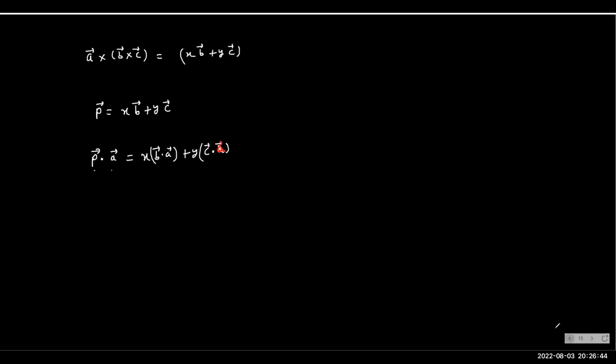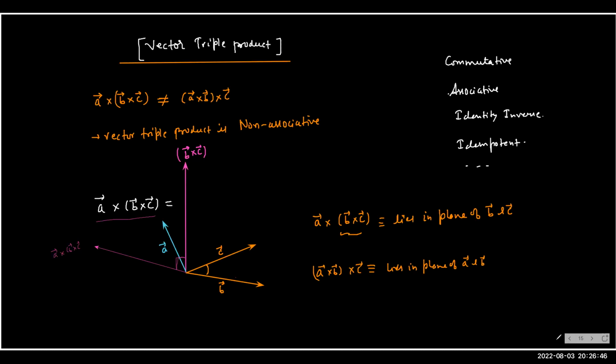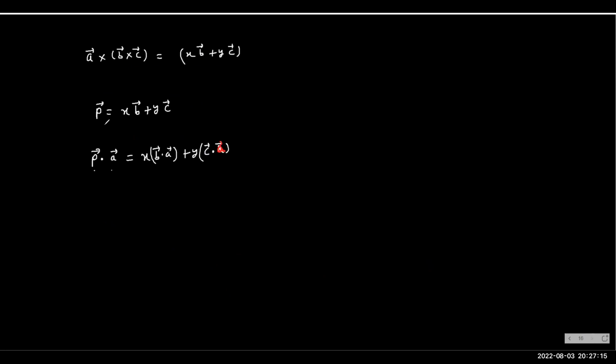Okay, so P is in the plane, and P dot A. What do you think the P dot A will be? Can we say P dot A is 0? Yes or no? If you take P as this, then P and A are mutually perpendicular, no?